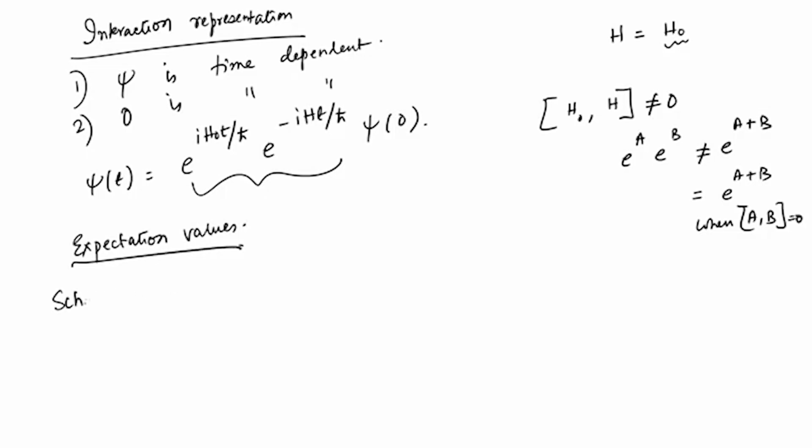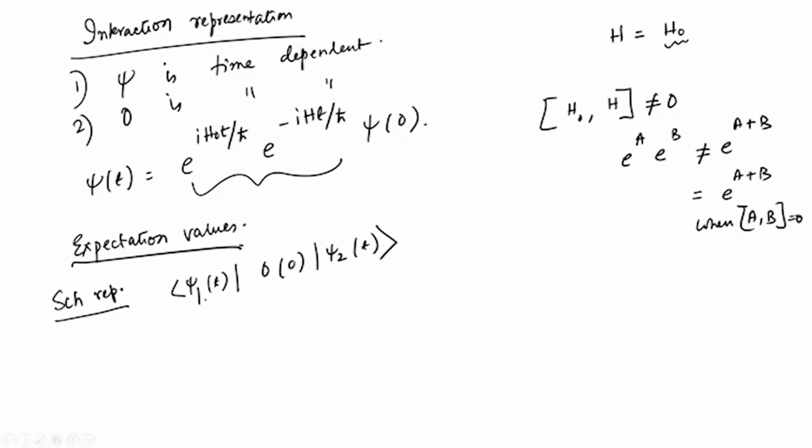Let me write it as SCH representation, and this is equal to, because we are trying to calculate this expectation value, psi 1 at t, O at 0, and psi 2 at t.